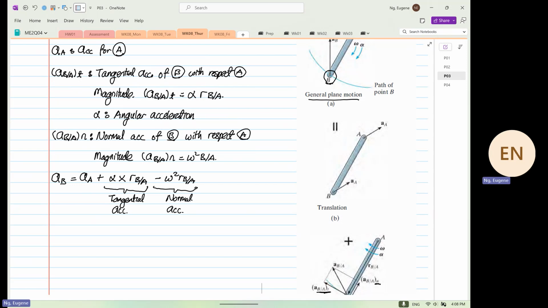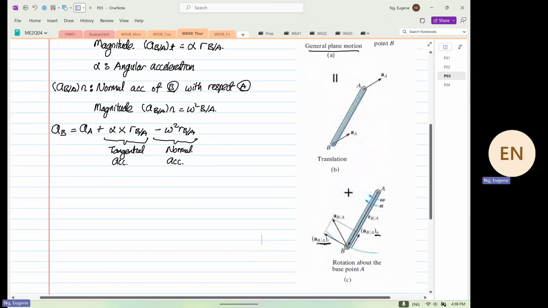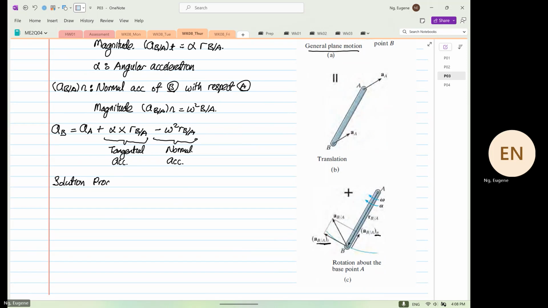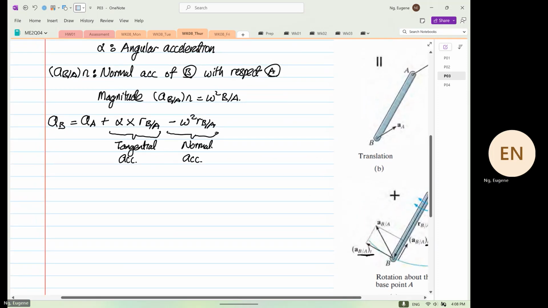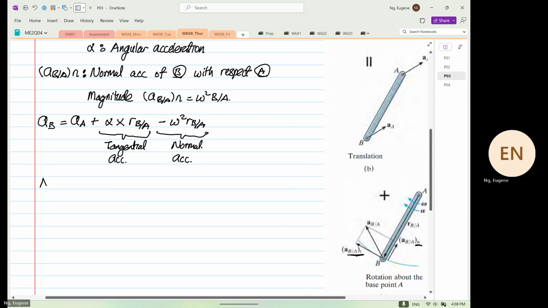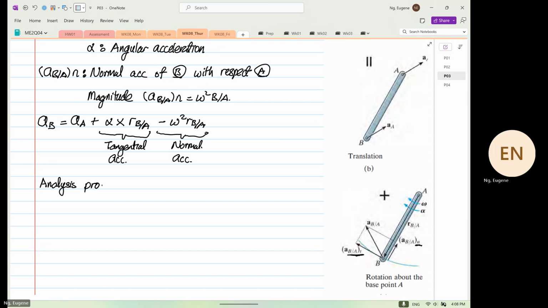Now, let's look at the solution procedure. Let's look at the analysis procedure. The first thing we're going to do, as usual, is velocity analysis first.